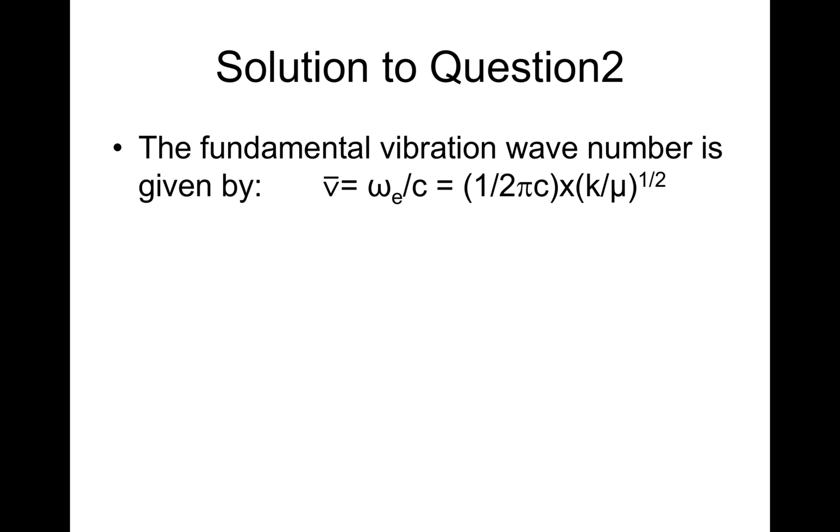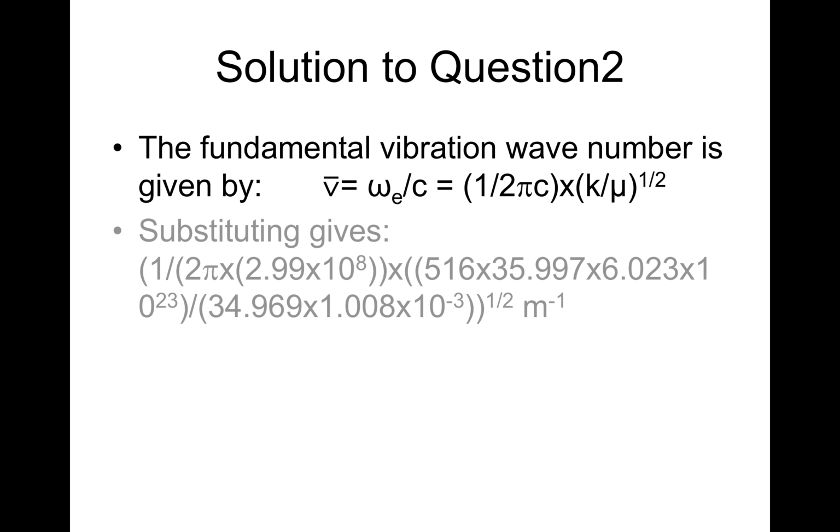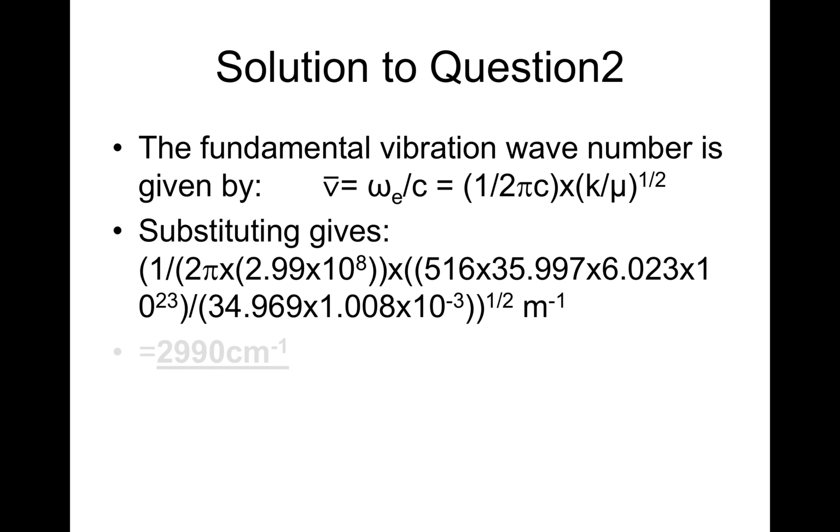The fundamental vibration wave number is given by omega_e over c, which is equal to 1 over 2 pi c times the square root of k over mu. Substituting gives that, and finally gives us the wave number of 2,990 per centimeter.